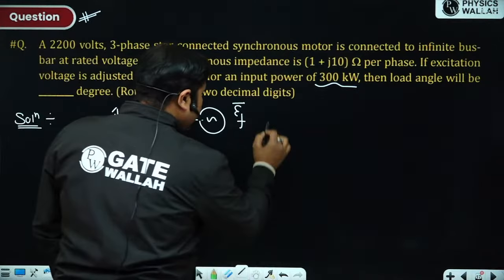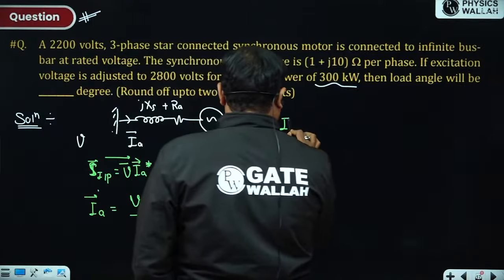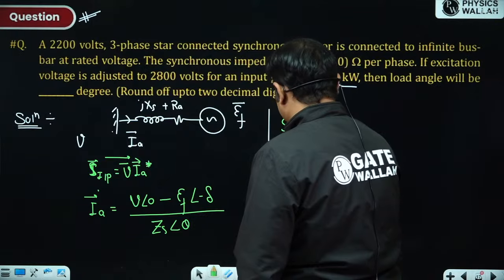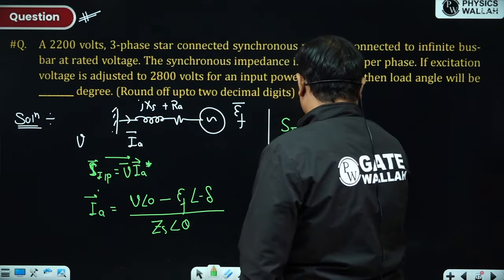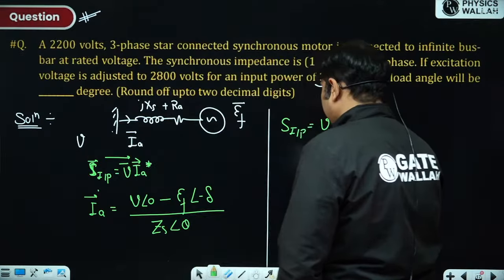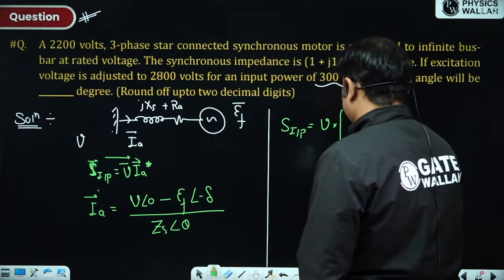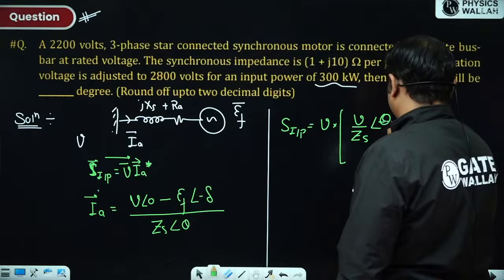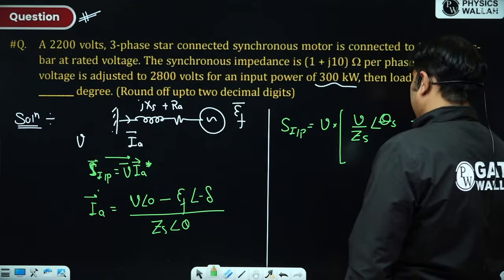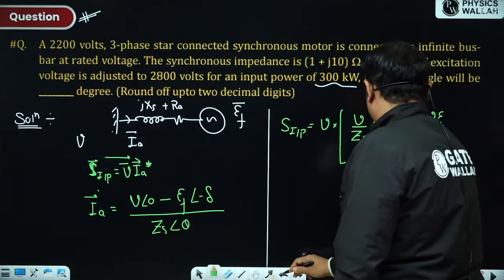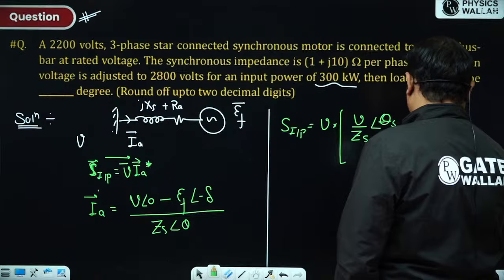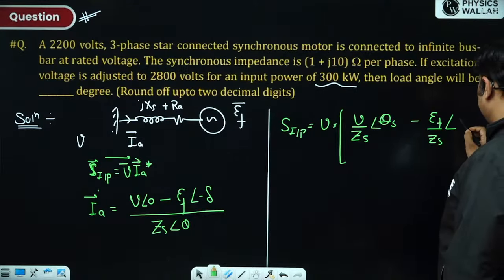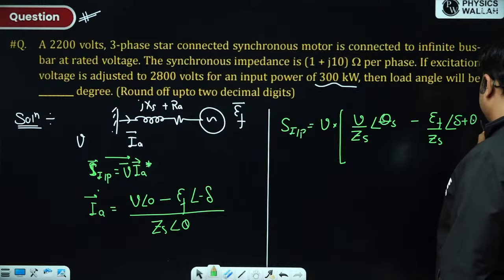So including the conjugate, I am calculating this kVA input. V at an angle 0 into IA conjugate would become V square by ZS at an angle of minus theta S, and conjugate will become plus theta S, minus V EF by ZS at an angle of minus delta minus theta S, and conjugate of that will become delta plus theta S. Is it okay?